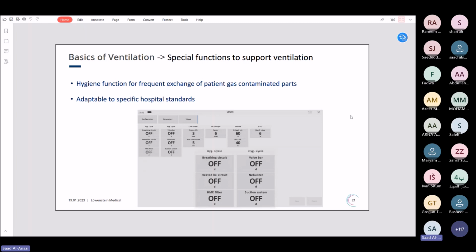This is really helpful for continually decreasing the infections that come from the heated circuit or from the accessories used in the ventilators. How can we find it? From the configurations, parameters, value, you will find it here in the configurations.